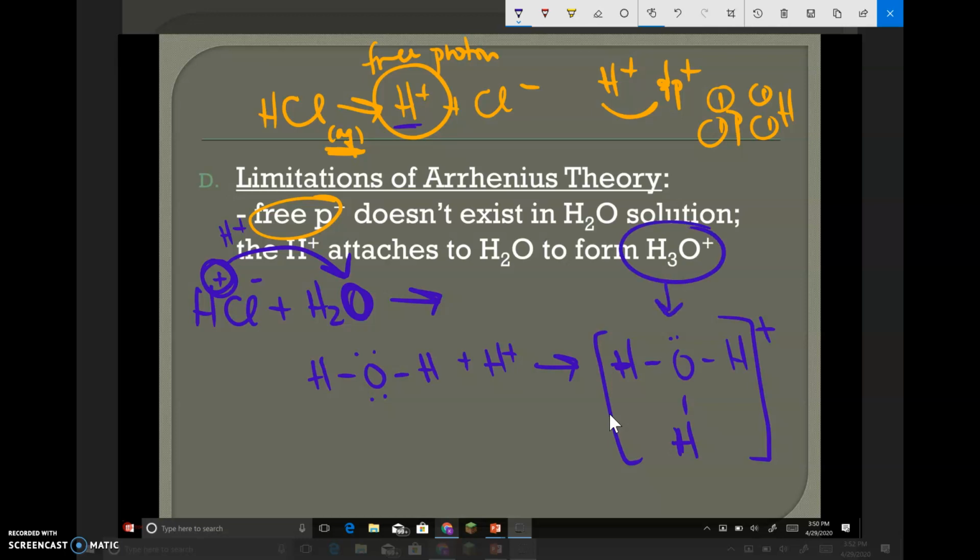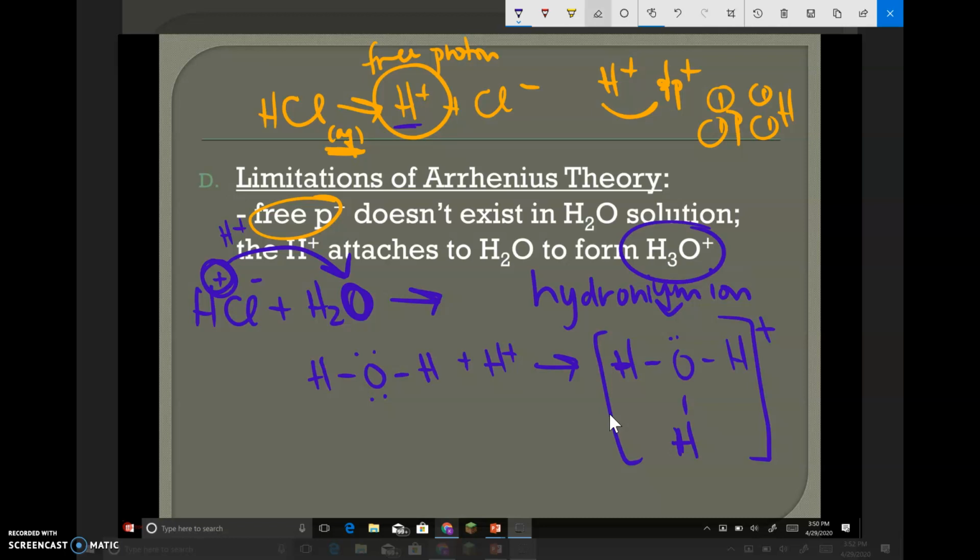This is called hydronium. I'm going to write that out. Hydronium ion. And in acids, a hydronium ion and a hydrogen ion both show us that an acid has been broken apart in either water or we can say in an aqueous solution because that means the same thing.